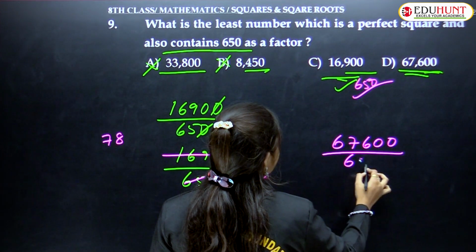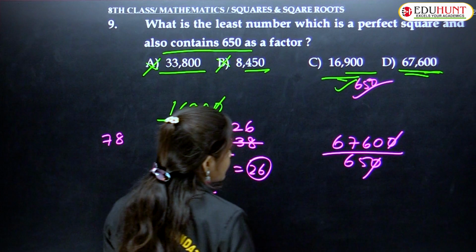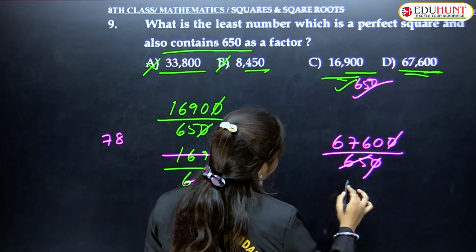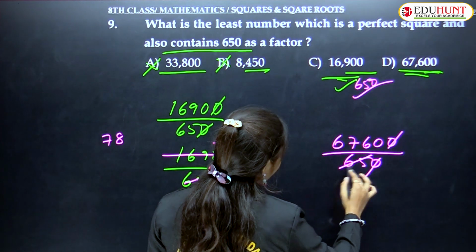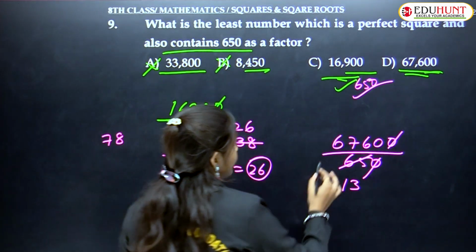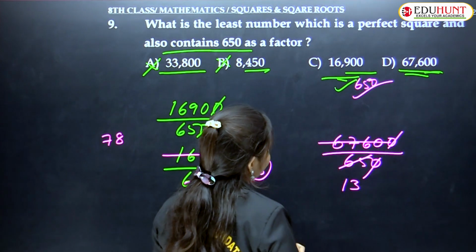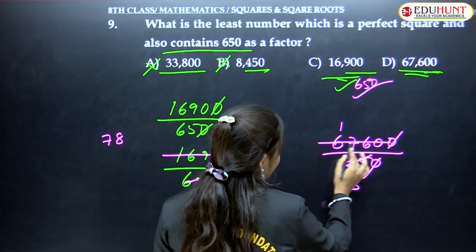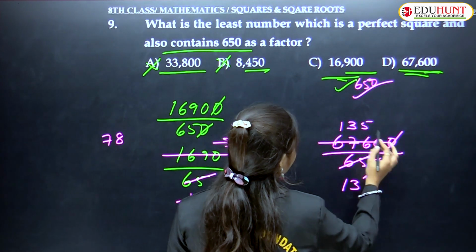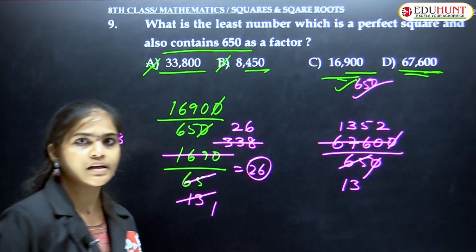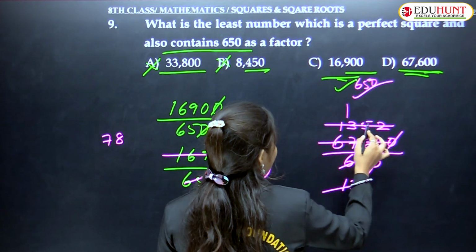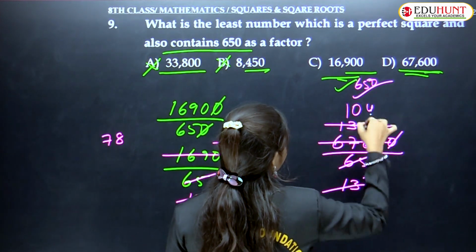67,600 divided by 650. So 0 and 0 get cancelled. Next 13, see here by 5s. 5 ones are 5 and here 5 threes. Understand? 5 thirteens are 65 and here divided by 5. So 5 ones are 5, 5 threes are 15, 5 fives are 25, 5 twos are 10. Understand? So here 13 times and here 13 fours.